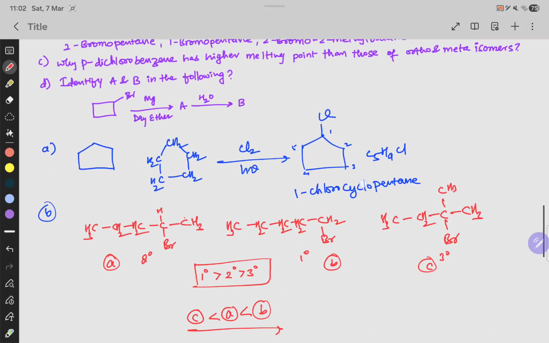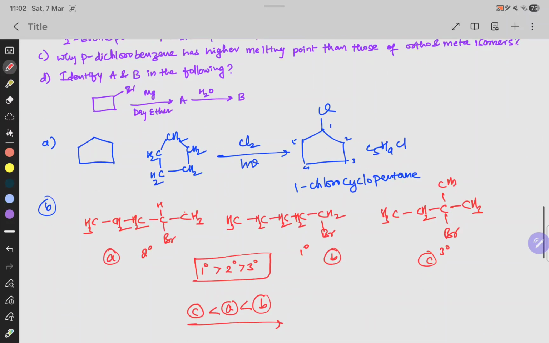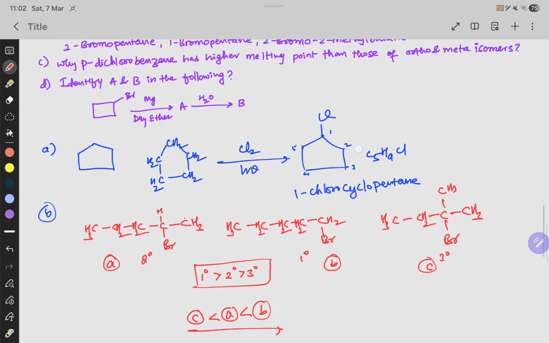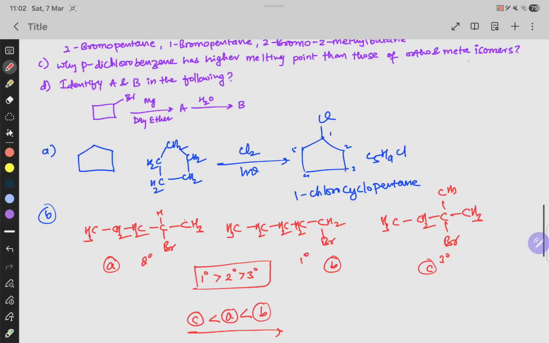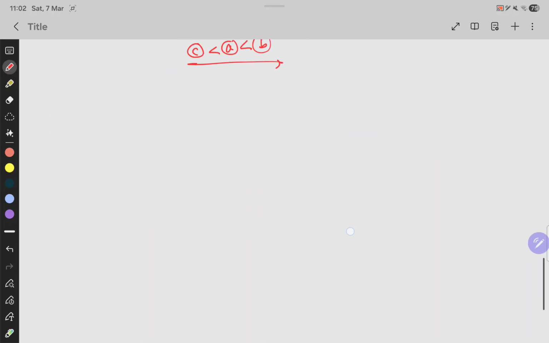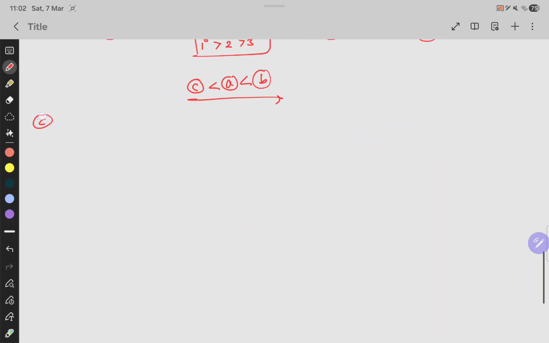So in question number 3, why does para dichlorobenzene have a higher melting point than the ortho and meta isomers? We need to write the structure. See the answer.